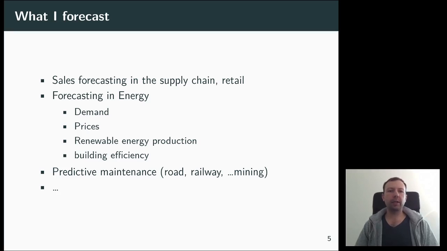The applications I would usually work on are, as mentioned before, sales forecasting in the supply chain and retail, doing forecasting in energy, like demand, prices, renewable energy production, also a bit in building efficiency. I've also worked a fair bit in predictive maintenance in roads and railways, not so much in mining. That's something I'd also like to work in. So that's what I forecast.